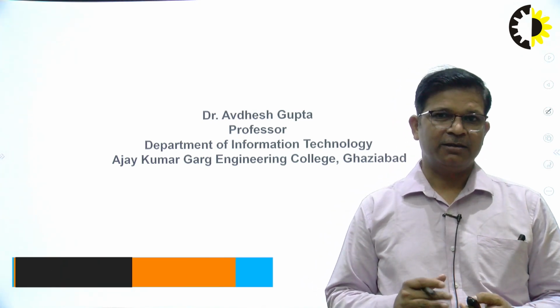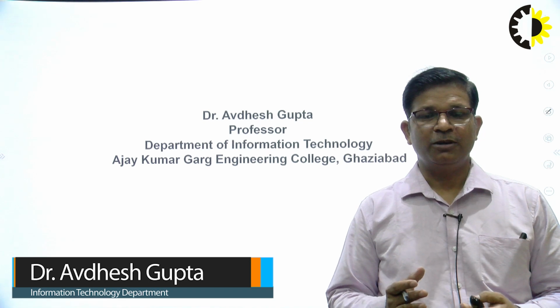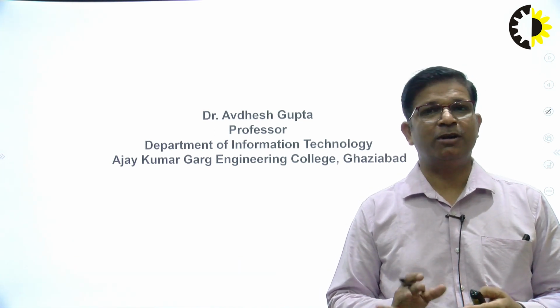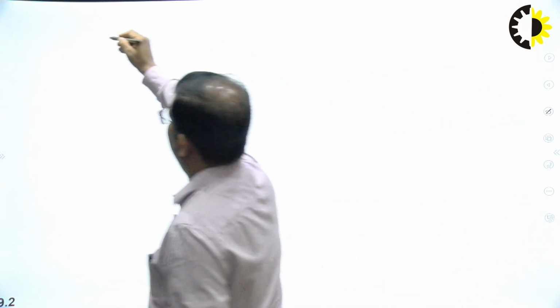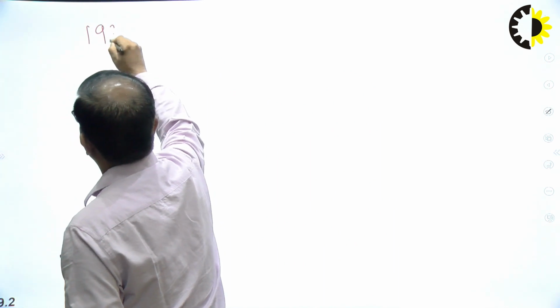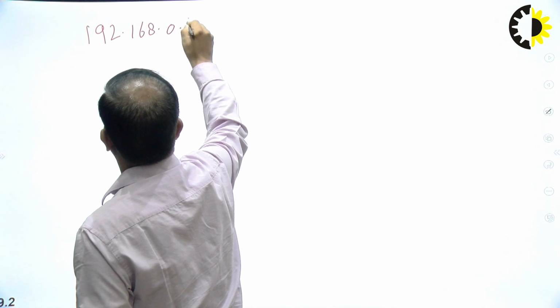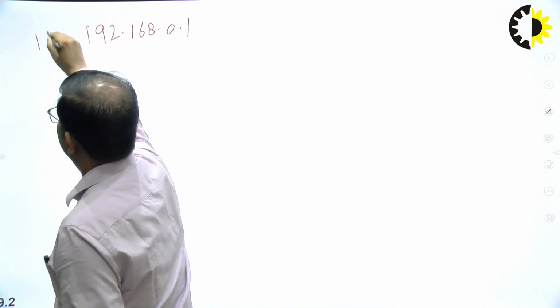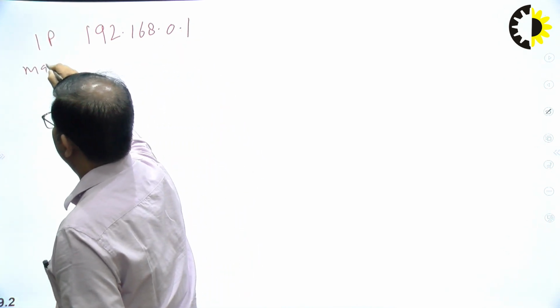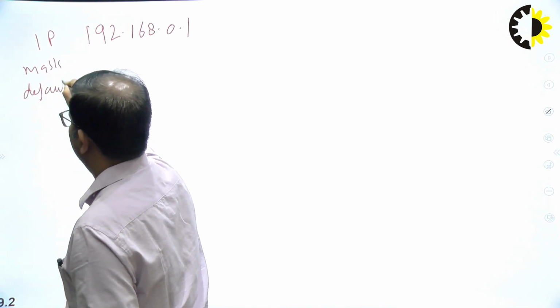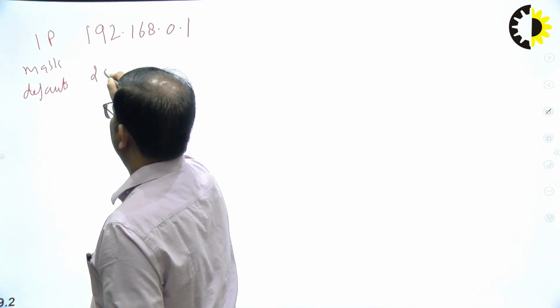First of all, what is classful and what is classless? Classful IP addresses are those whose addresses, along with their default subnet mask, are already given. For example, 192.168.0.1 is the IP and 255.255.255.0 is the default mask.